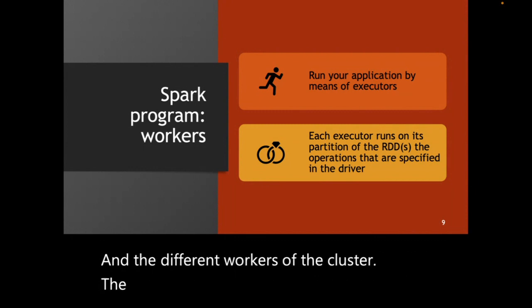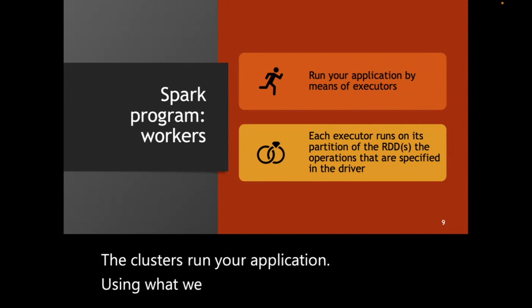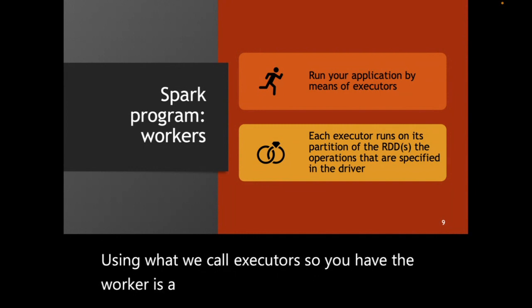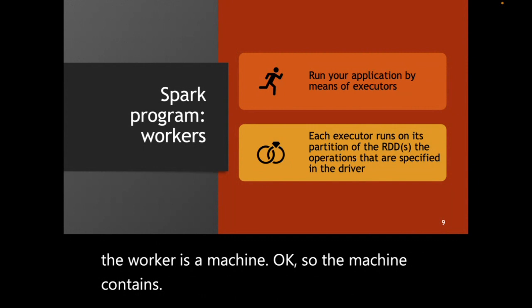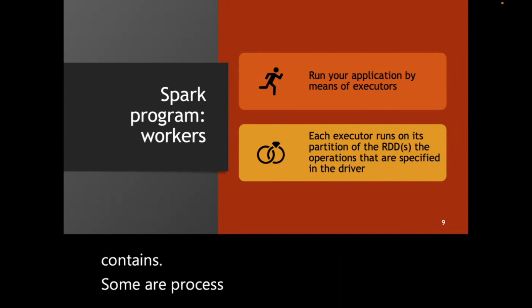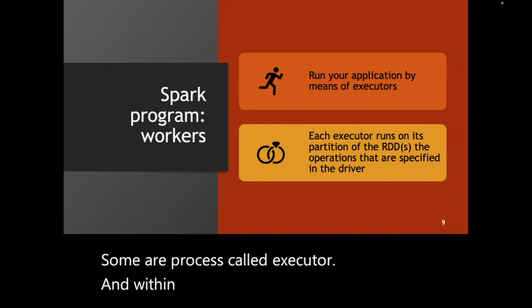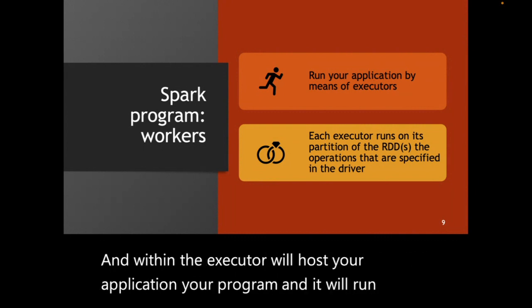Well, the cluster runs your application using what we call executors. The worker is a machine, and the machine contains some process called executor, and within the executor will host your application, your program, and it will run it.